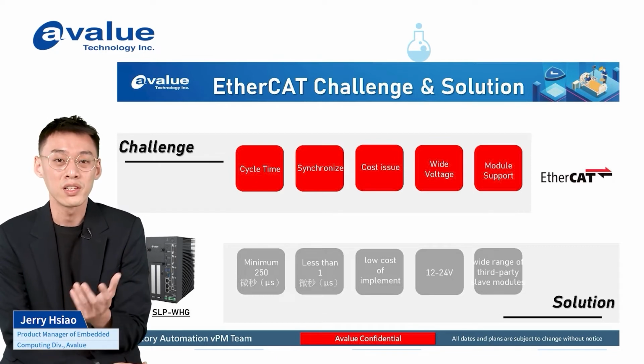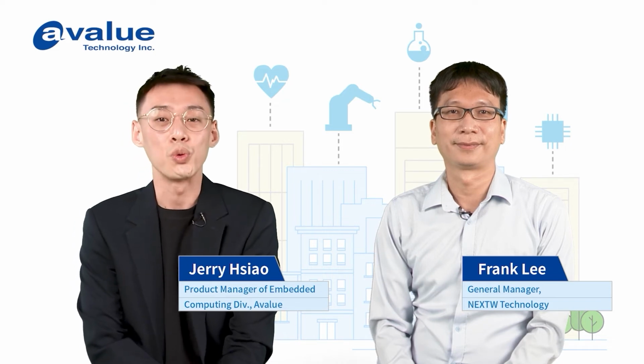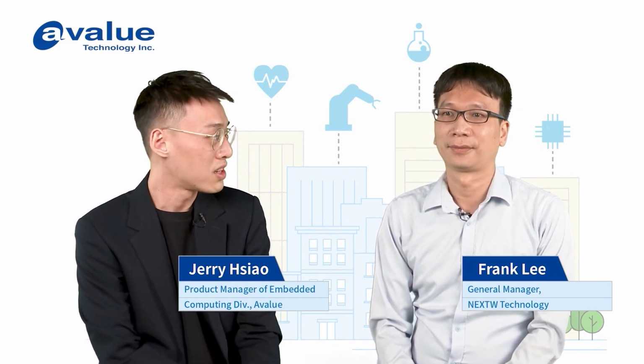Apart from the system itself and the EtherCAT solution, I have mentioned that there are lots of devices that could be used in the market, right, Frank? So what are the main brands that we can help our customers choose?